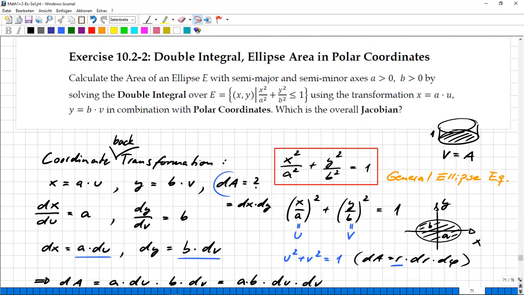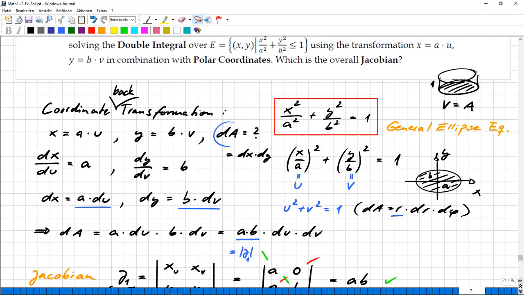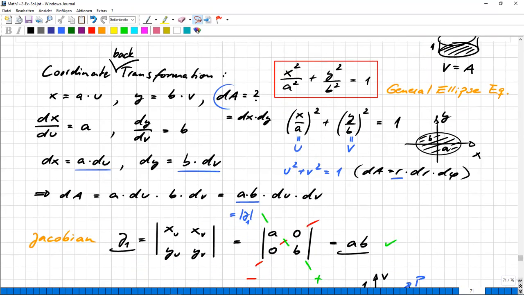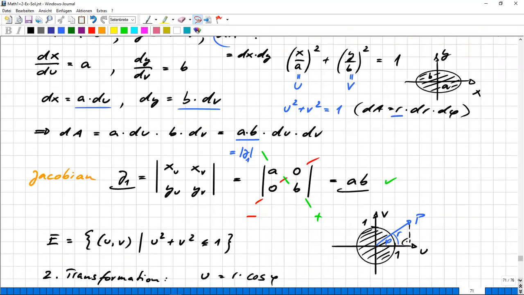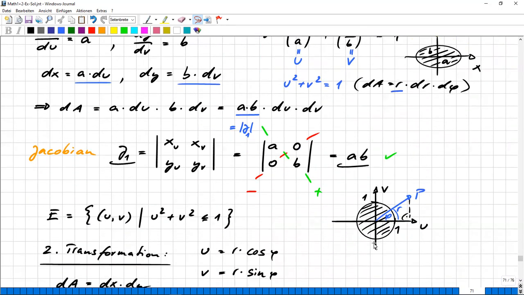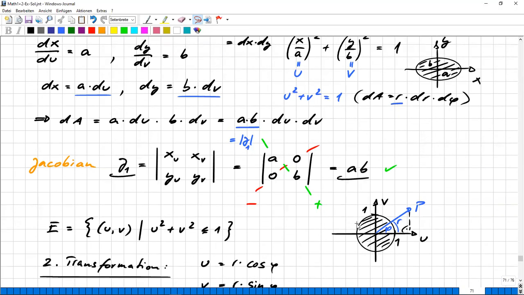So I can even give you a sketch of this. Just imagine, this is our ellipse in its original view. And then introducing this transformation in a new coordinate system, which is called uv, which is still Cartesian in a sense, right? At least it's still perpendicular, referring to the axes. We have a stretching or squashing procedure which transforms our ellipse to a unit circle. So here it is.